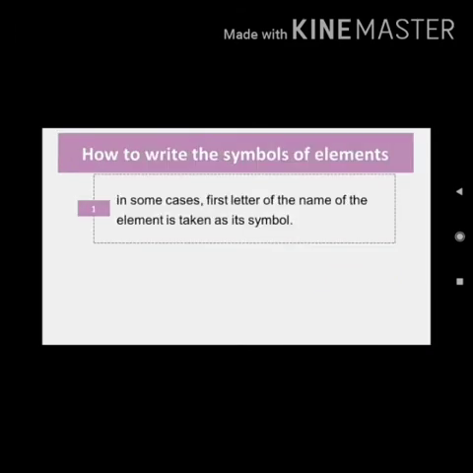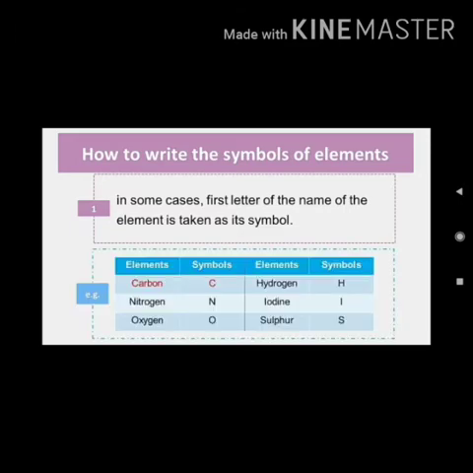For example, carbon is C, nitrogen capital N, oxygen capital O, hydrogen capital H, iodine capital I, and sulfur capital S. But this method was not approved, since two elements can have the same first letter, like carbon C, calcium also C, cobalt also C, chlorine also C. That's why they gave another point.